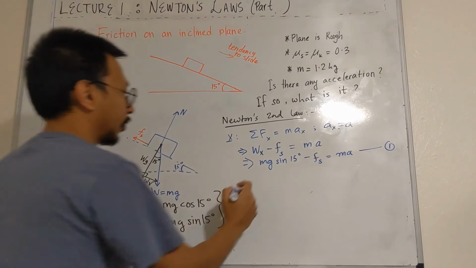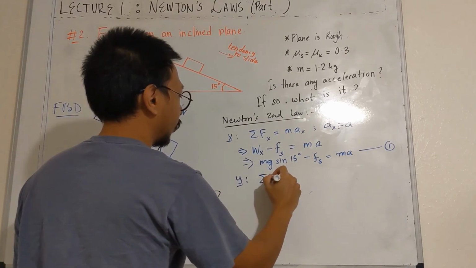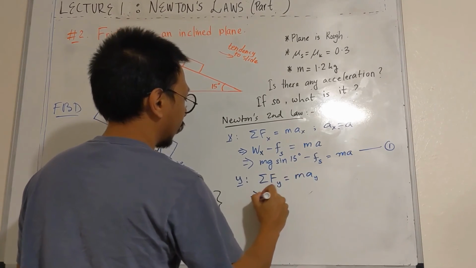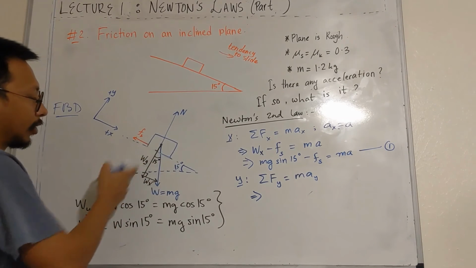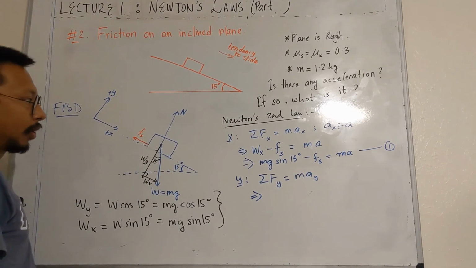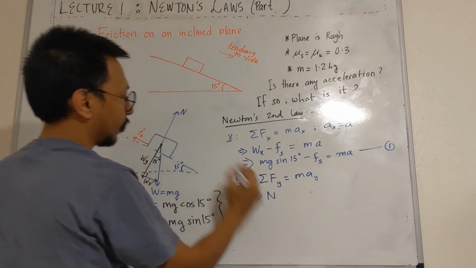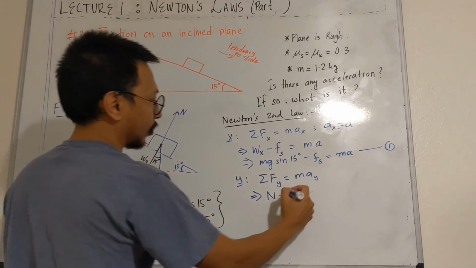Now let's write down the equation for the y components of forces. Fy equals may. What are the forces in the y direction? We have the normal force and the y component of the weight. Normal force is in the positive y direction, so plus n. Wy is in the negative, so minus wy.